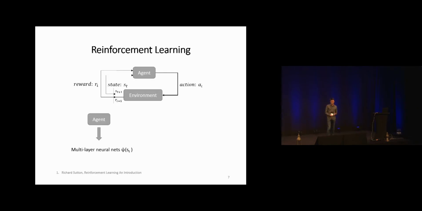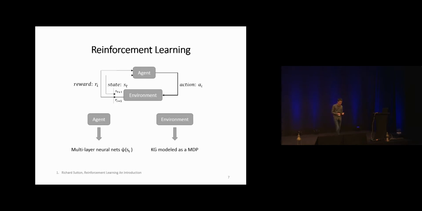So in our scenario, our agent is just multi-layer neural nets which map the state representation, which is a real-valued vector, into a stochastic policy, which is a distribution over all the valid actions. And we model this knowledge graph as a Markov decision process.